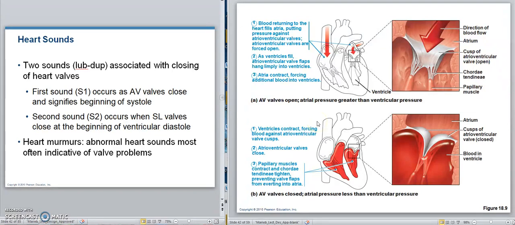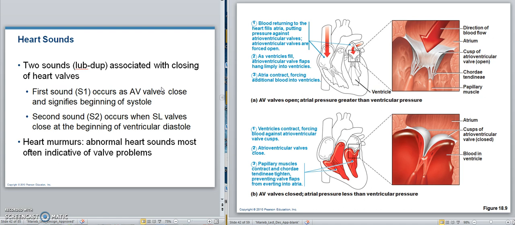The first time valves should close would be when the right ventricle and left ventricle squeeze down, closing on the right side the tricuspid, and on the left side the mitral, also called the bicuspid. So the sound 1 is due to AV valves closing, the tricuspid and bicuspid. That's sound 1.